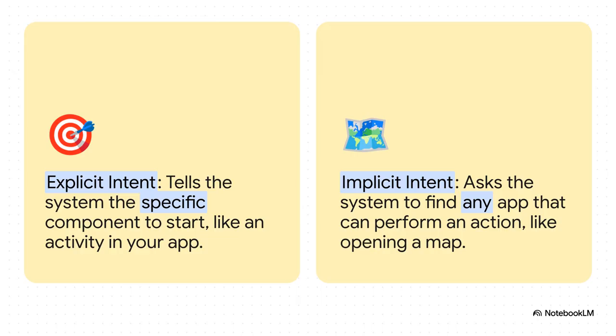An explicit intent is like sending a sealed letter to a specific address. It says, hey, second activity in my app, wake up. But an implicit intent is more like shouting into a crowded room, can anyone here show me a map of this address? And that's when Android finds all the apps that can handle maps, like Google Maps or Waze, and lets you choose which one to use.